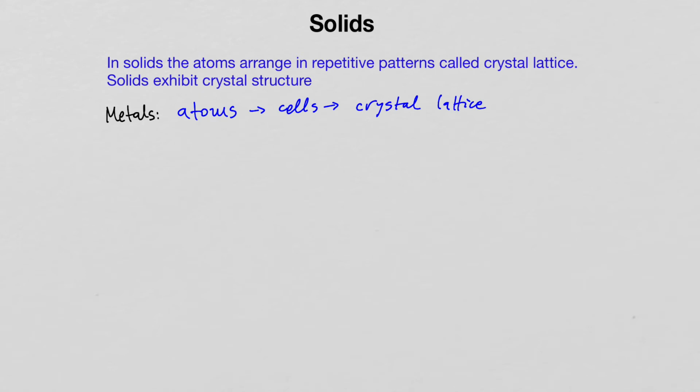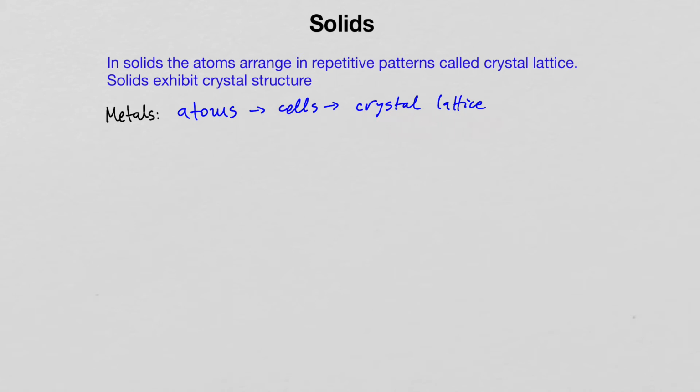So in metals, the atoms form cells. Those are the smallest building blocks of the crystal lattice of the metal. Different metals have different atomic arrangements, therefore the cells look different, and therefore the crystal lattices for different metals look different.